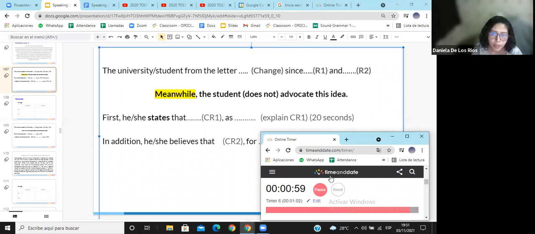The student from the letter has the idea to pave the roads to make it safer and make it look nicer. Meanwhile, the student is against this idea. First, he states that running on these roads has terrible long-term consequences.